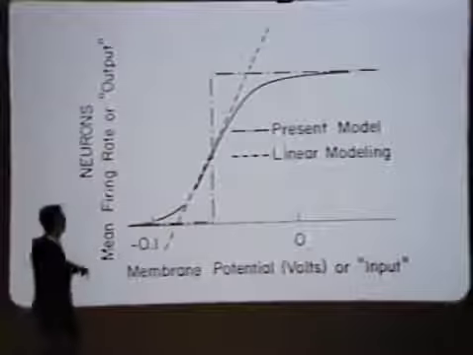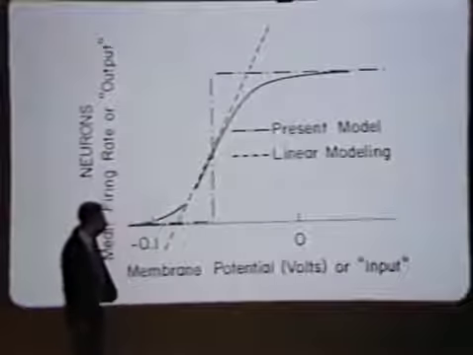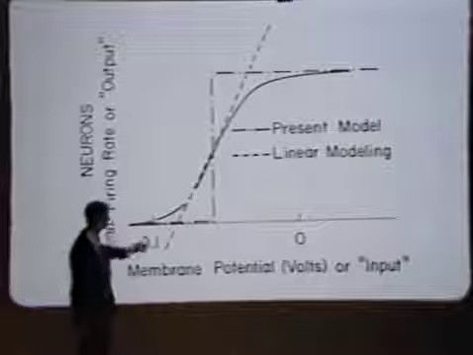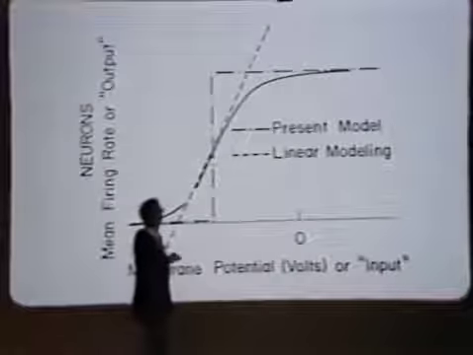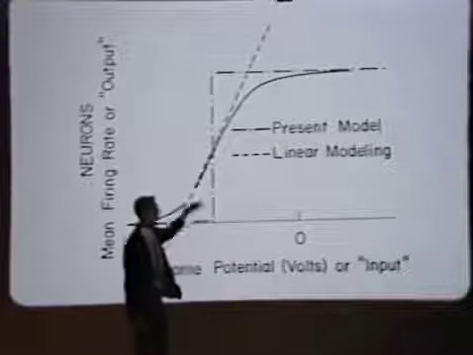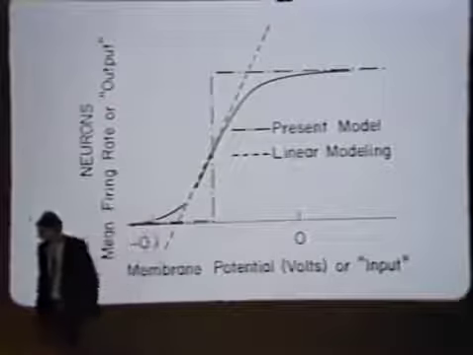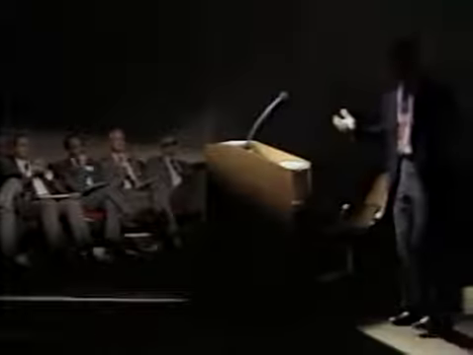Now, if you take this as the input-output relation, you want to know what to do with it next. There are two obvious approximations. One is to approximate it in a linear fashion, and the other is to approximate it as a step going between two threshold levels. The linear way is not perhaps the most useful way of doing it. If I suddenly turn the lights out in the room and I say, go for the nearest exit, and you're sitting there in front, well, there was one on my right and one on my left.